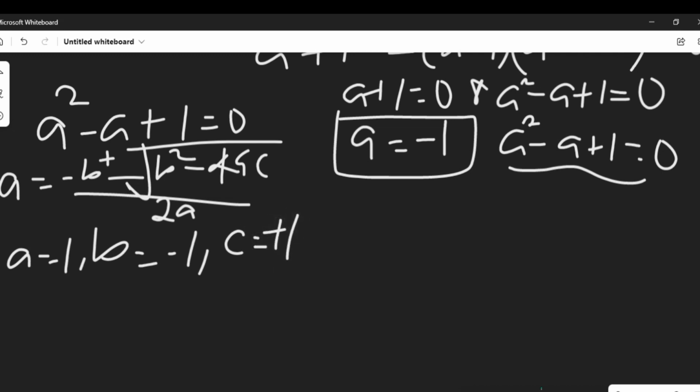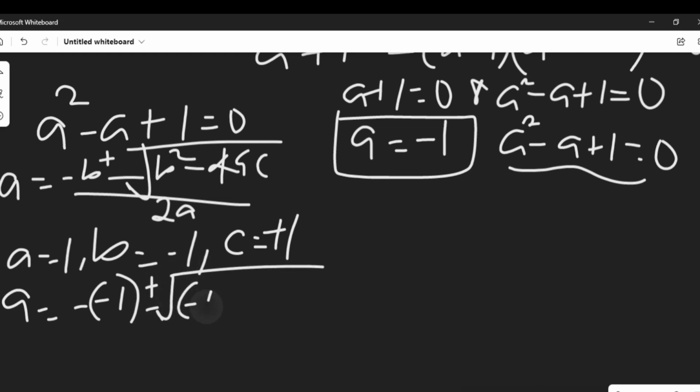So if we substitute into the formula, we'll have a equal to minus, in bracket, minus 1, plus or minus the square root of minus 1 squared minus 4 times a, which is 1, multiplied by c, which is 1, and this will be all over 2 times a, which is 1.